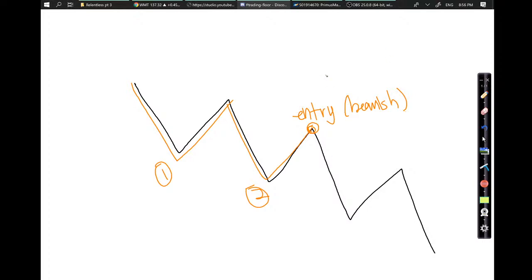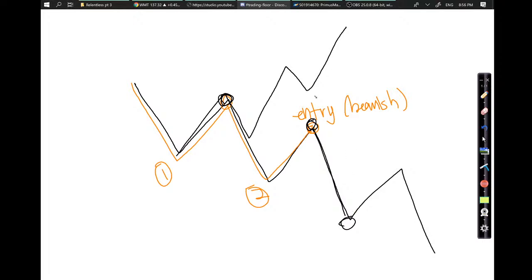You never want to enter in the first wave, because it could be a fake out. Many of you end up in this situation, so wait for the confirmation of a two-wave pattern, and then you can trade this down to capture the third wave.